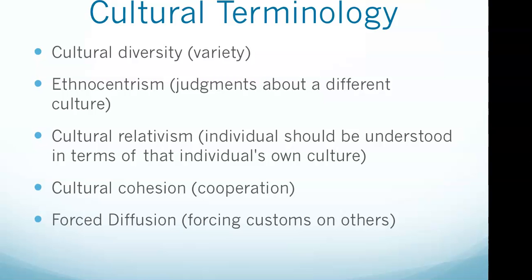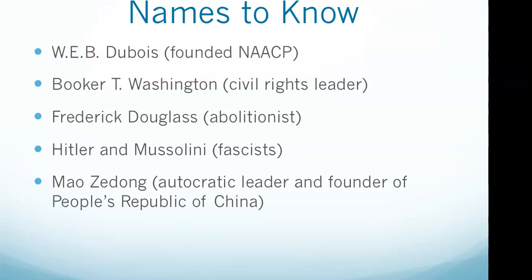And then finally, forced diffusion is when one culture conquers or enslaves another and forces its own customs on others. Okay, so all 5 of those can easily show up as a question or as multiple parts of multiple choice answers.